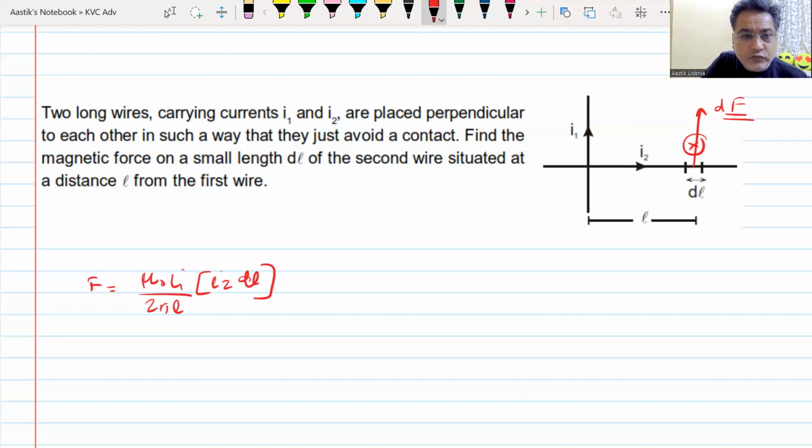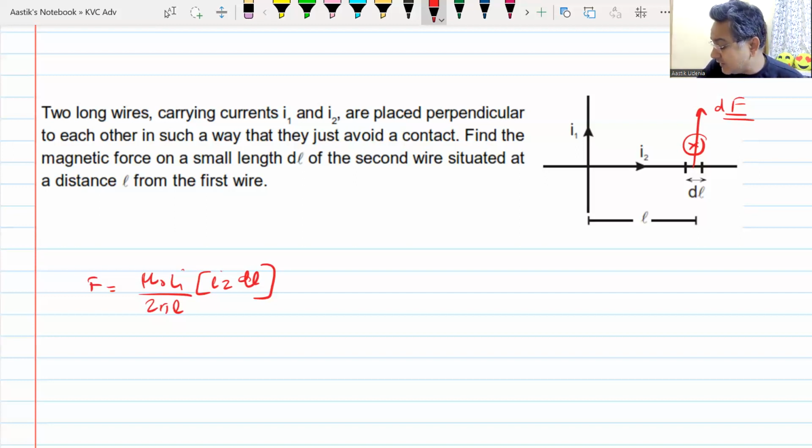If I have two very long parallel wires carrying current I1 and I2 separated by a distance A, then with what force are these two wires going to attract each other?